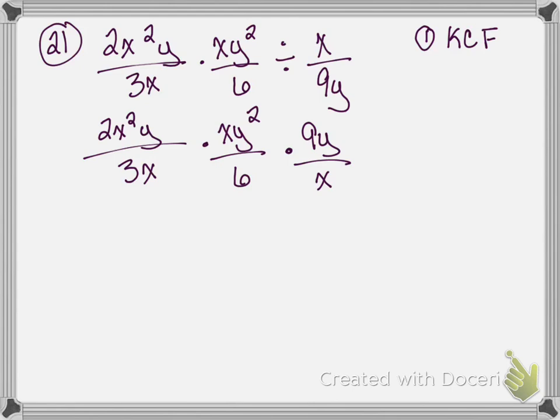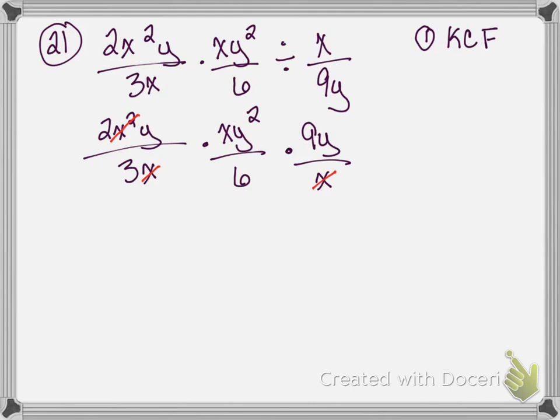Now, if it's on the top and it's on the bottom, I can cancel it out. Okay? So do you see how I have x squared right here? I can cancel out x and x because x times x is x squared, and x squared means x times x.